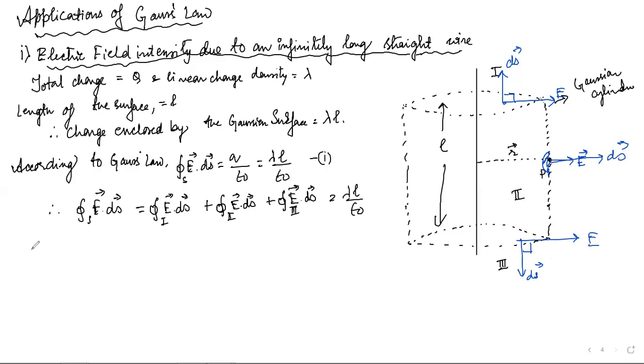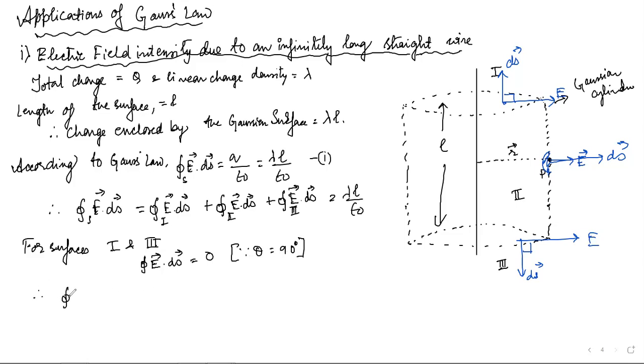So for surfaces 1 and 3, closed integration of E dot ds is equal to 0, since theta is equal to 90 degree, cos 90 is 0.